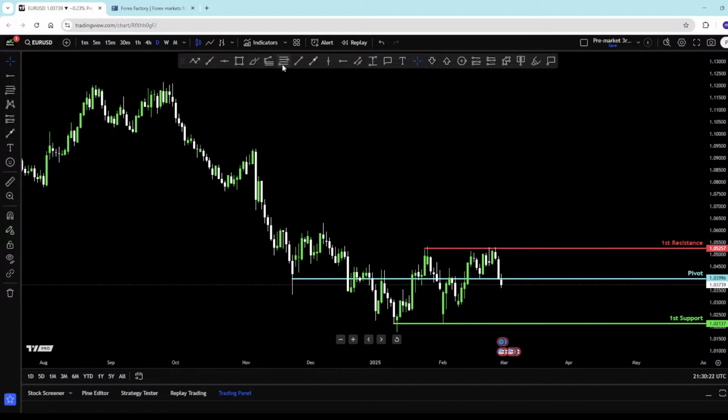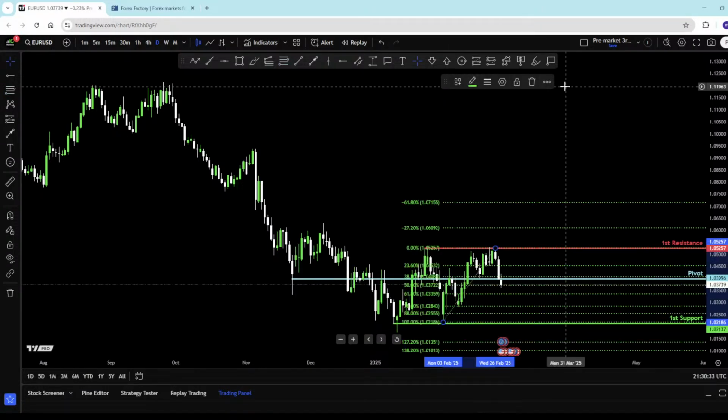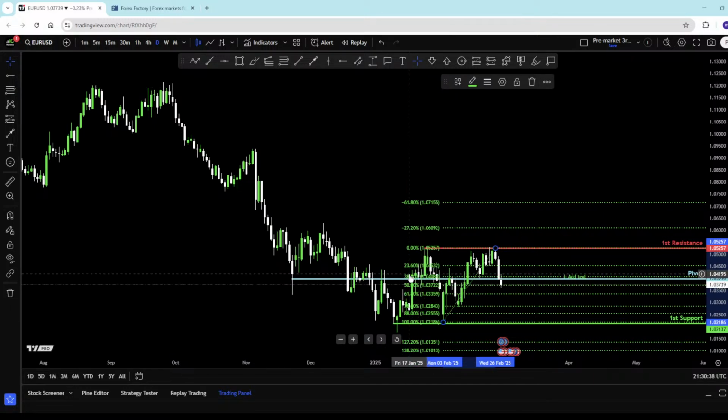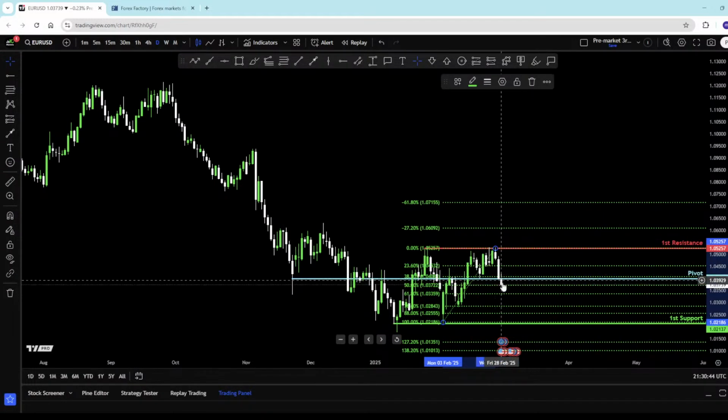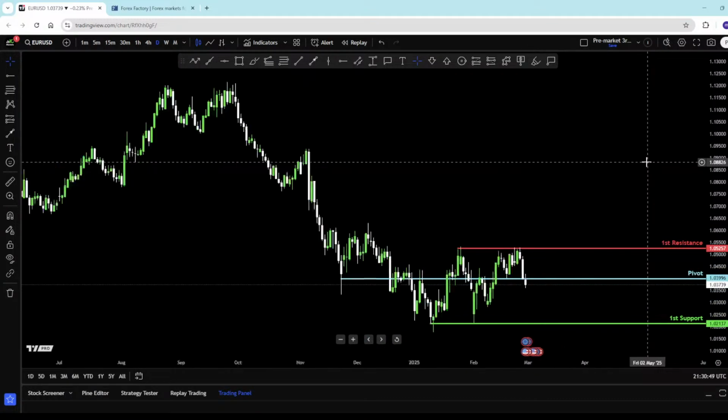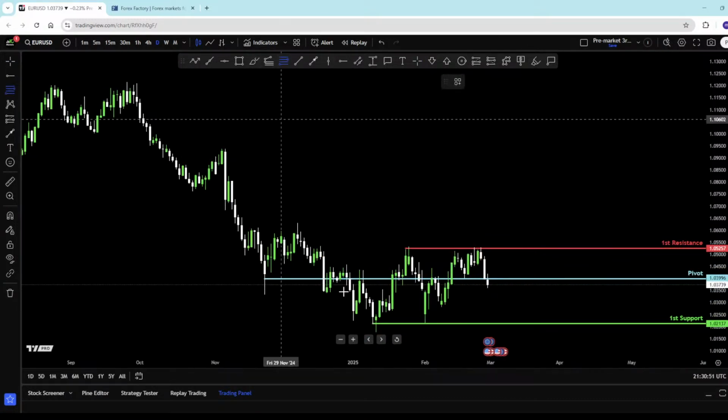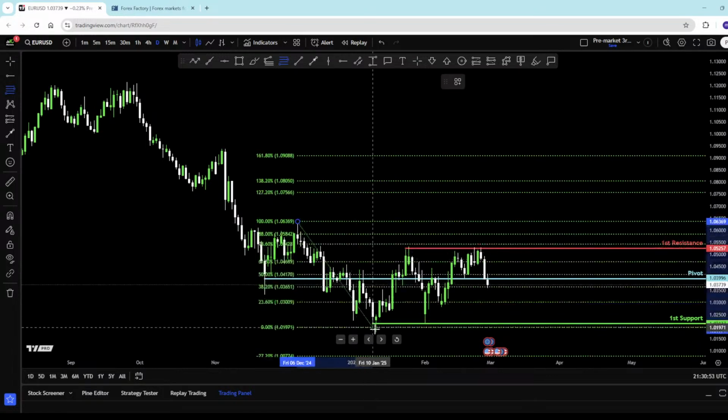Now I'm going in with my Fibonacci levels. Even though this 38 lines up with the pivot, I'm not going to use it because price just recently crossed that line, so it's no longer valid.